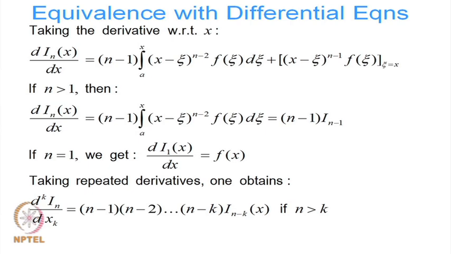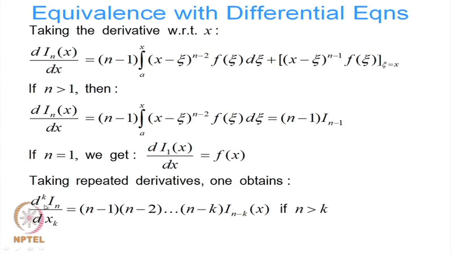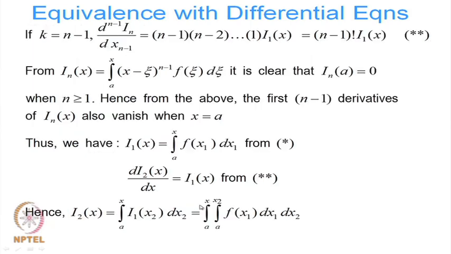So this is what we get by taking repeated derivatives. And if k is equal to n-1, so d^(n-1) I_n/dx^(n-1), what we are going to get on the right hand side is (n-1)(n-2) through 1 times eventually I_1(x), which is going to give me (n-1) factorial times I_1(x).